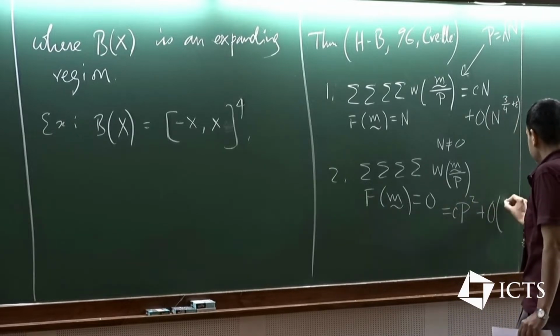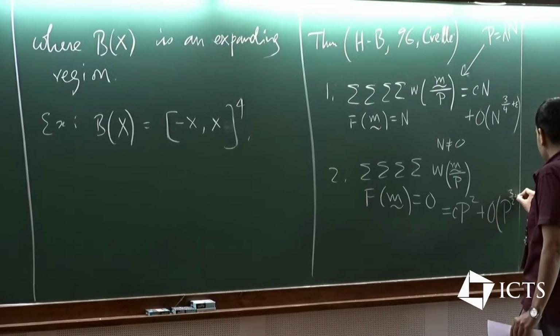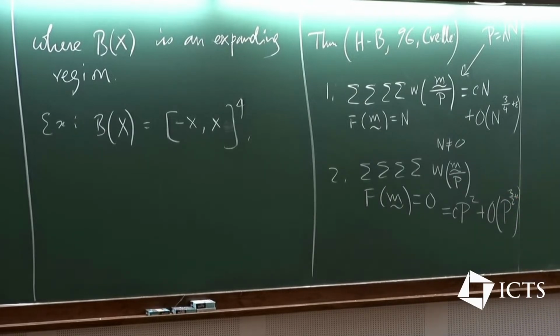And the error term is of size p to the 3/2 plus epsilon. In this case, this was improved by Getz. In case 2, Getz improved the error term to O of p to the 1 plus epsilon.